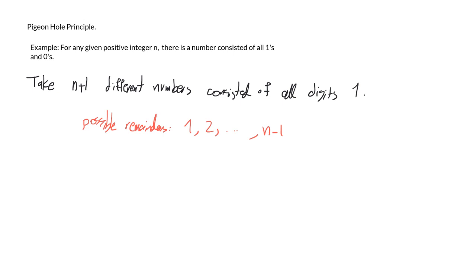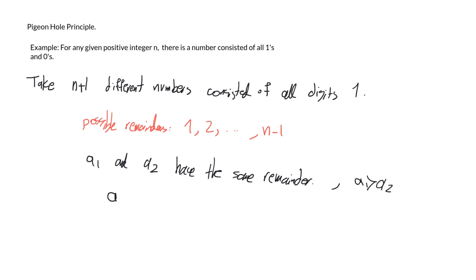So let's say A1 and A2 have the same remainder. Let's assume without loss of generality that A1 is greater than A2.